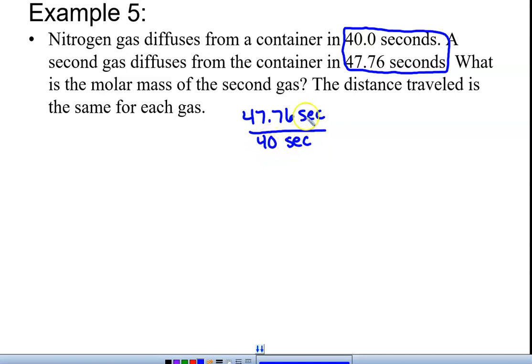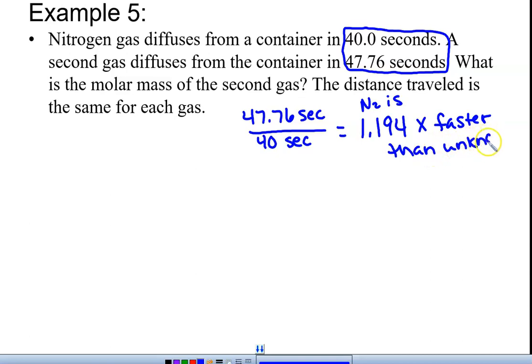I'm not doing square roots because this is not molar mass. I'm just comparing the time. And when I do that, I get 1.194. So what this means is that my nitrogen is this many times faster than the unknown gas. So if you have time, you don't need Graham's law at all.